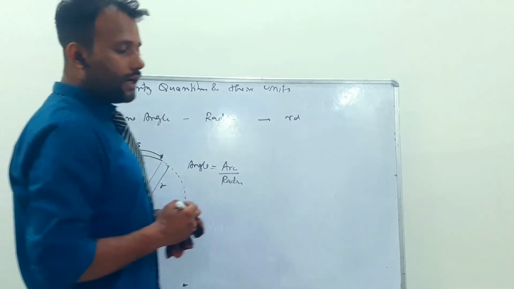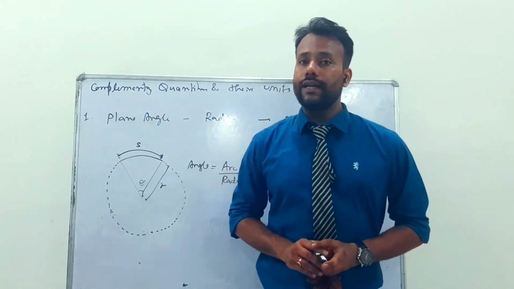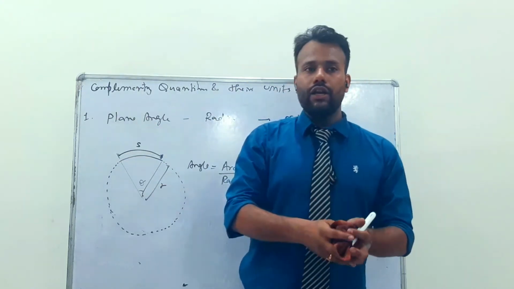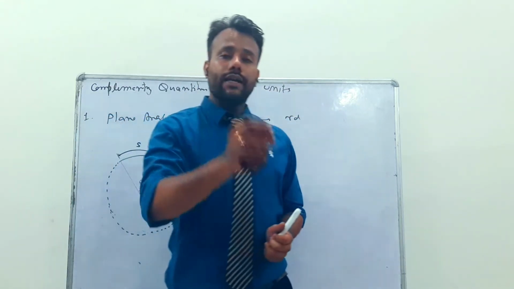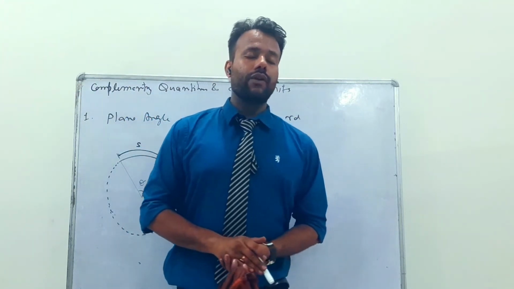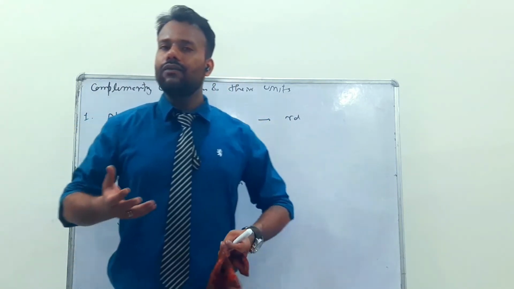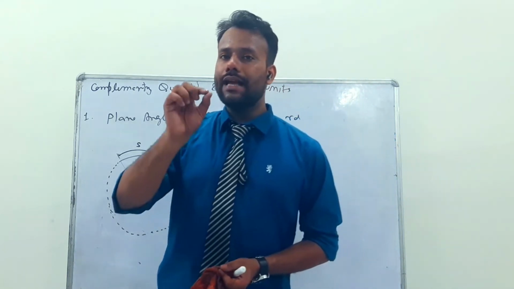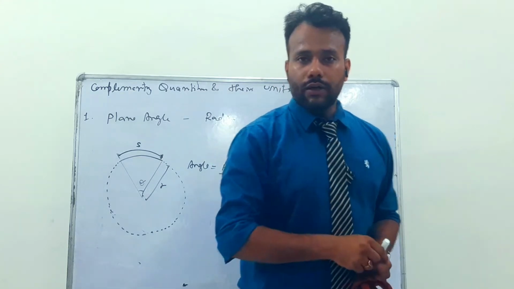Although you must have noticed that in your mathematics book, this angle is given in terms of degree. Like the line is making angle 60 degree with the other line, or 90 or 30, whatever. Now what we do if the angle is given in terms of degree? We can't use the angle which is given in degree directly in the question in which the quantities are given in MKS or in CGS. First, we have to convert this angle into the terms of radian. Now, how do we convert it?